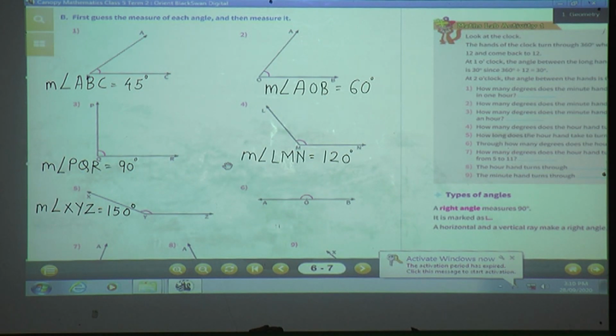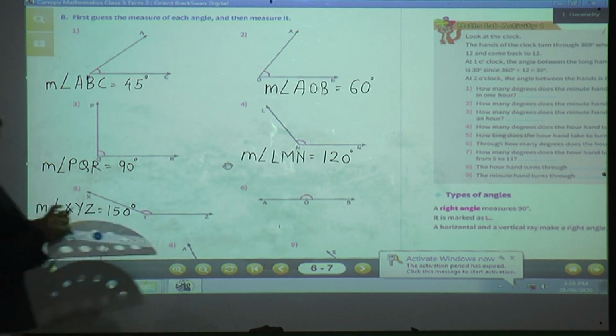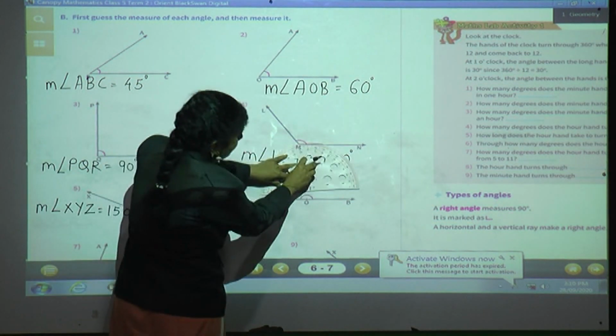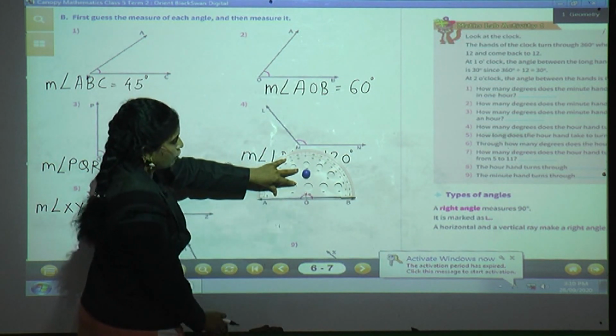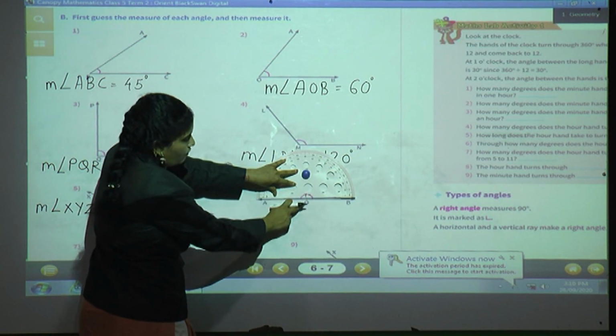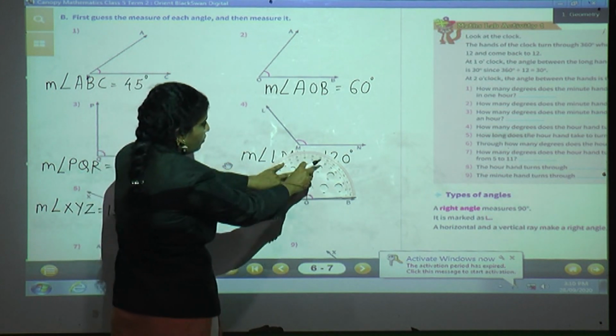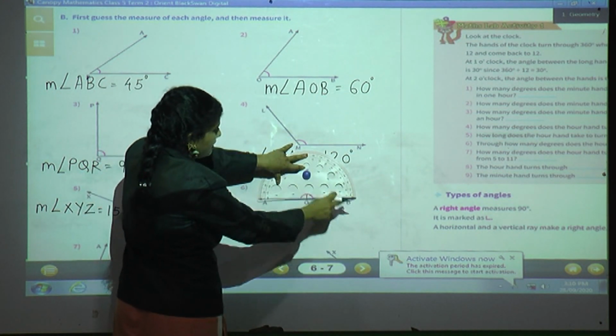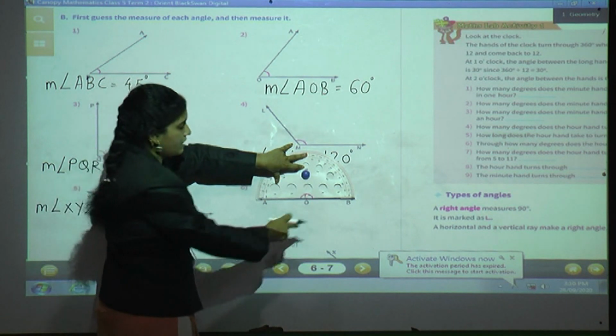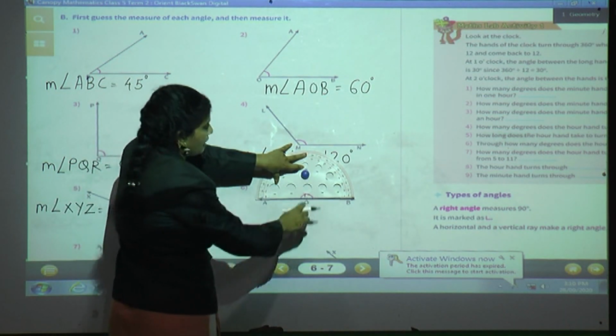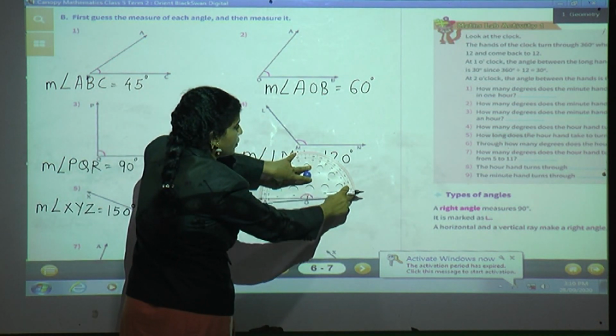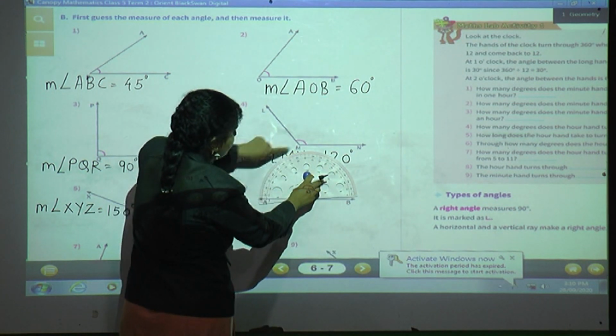Now sixth one, here you have to place the center of the protractor on O. See here, O. This is a straight line, students. You can measure it from this 0 also and this 0 also.